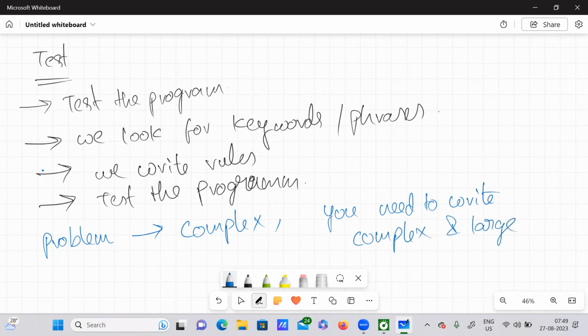If your program is very, very tough or very complex, then you also need to write complex and large rules. These rules, which are large and complex, are usually very hard to maintain. So this is the drawback here. This is the most difficult part in writing an algorithm using the conventional method.